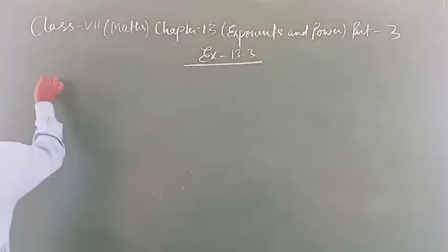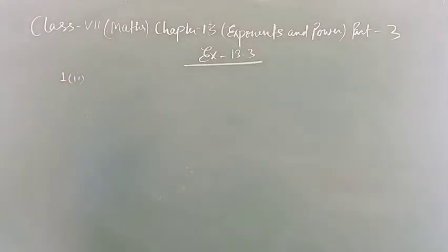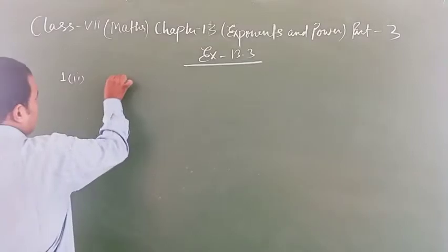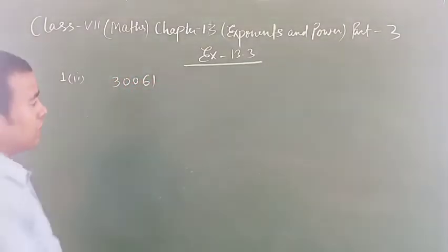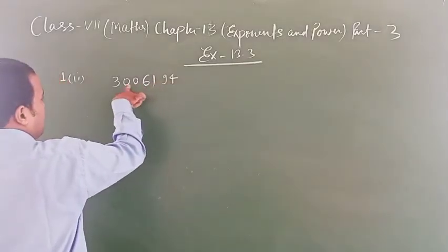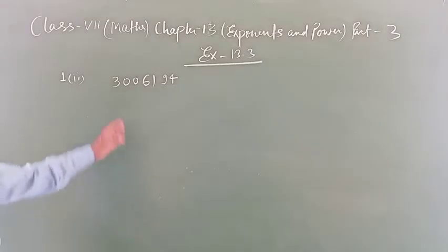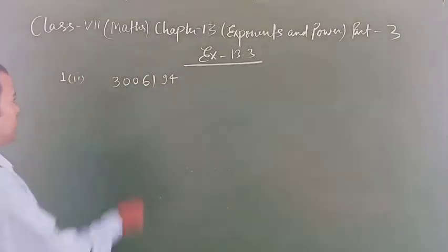Second one, second part: 3,06,194, that is 3 lakh 6,194. Write in expanded form.